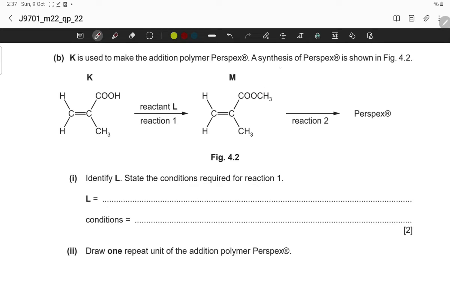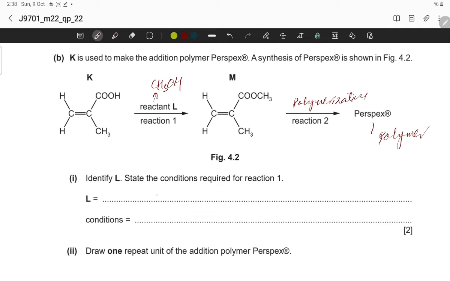So this is COOCH3, it means methanol, reactant L is methanol, and in reaction 2 Perspex is formed. So reaction 2 is polymerization because Perspex is a polymer.